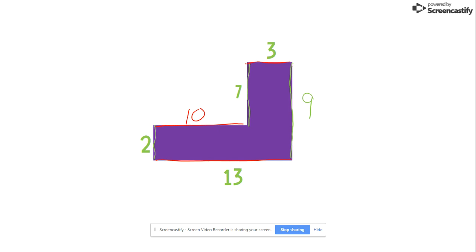And again, I want to split up my rectangles into 2 pieces. I'm going to take my pen at this corner and I'm going to choose to draw straight down. Since I am splitting that line that 13 belonged to, I can no longer use it for any of my side lengths. That left-hand rectangle is now going to be 2 times 10.